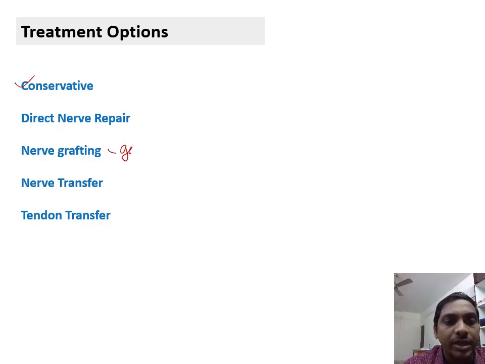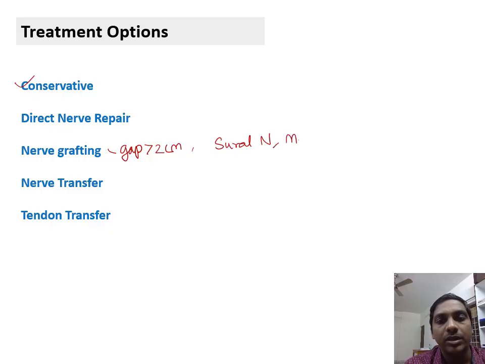Grafting is considered when the gap is more than 2 cm between the two cut ends of the nerve. The commonly used grafts we already discussed: sural nerve, medial cutaneous nerve of the forearm, greater auricular nerve, cervical plexus, supraclavicular nerve, etc.